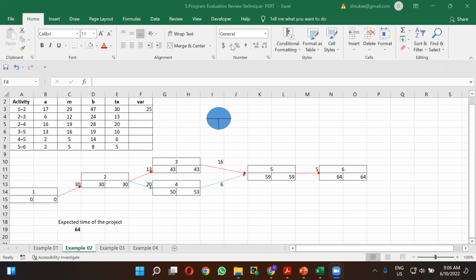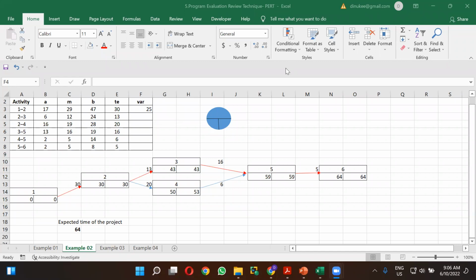No, Rashmi, it is not. You are telling that I have to divide it by 6. Very good. So the value is what? 25 for the variance. Rashmi, it is not 5. It should be 25, right?